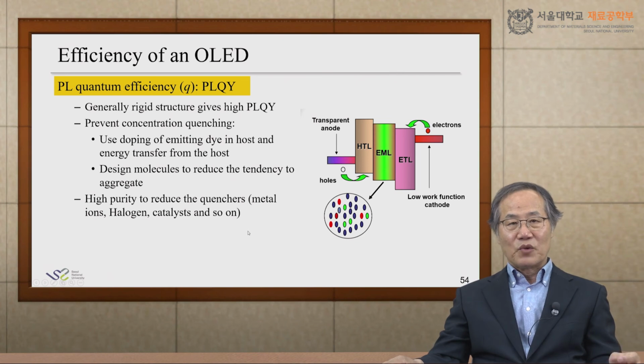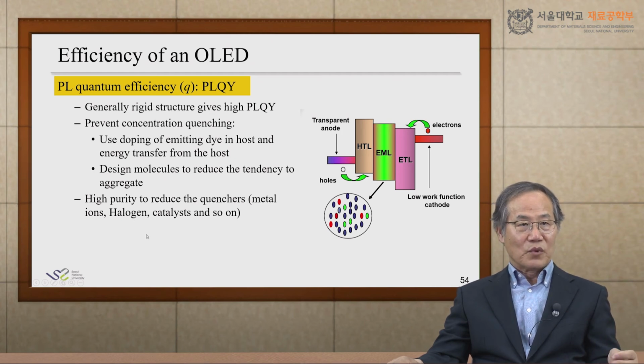Also, sometimes the purity plays an important role, so you need to remove minute amounts of metal ions, catalyst, for instance, and halogen molecules, bromine, and so on. So you need to purify the materials very, very well, lower than the ppm order.